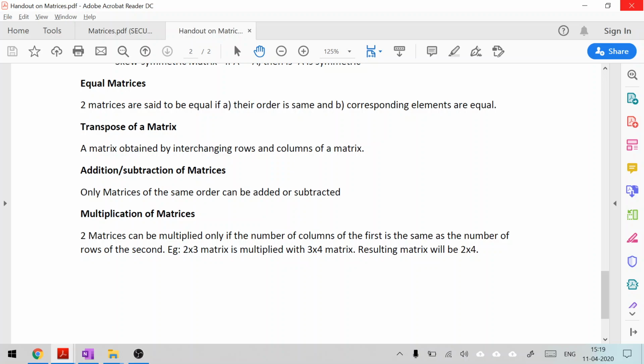Then the matrix that you will get by multiplying will be a 2 by 4. You take the number 2 from the first and the number 4 from the next. So you will get a 2 by 4 matrix. Is it clear? So you can multiply only matrices where the number of columns of the first and the rows of the second are the same.